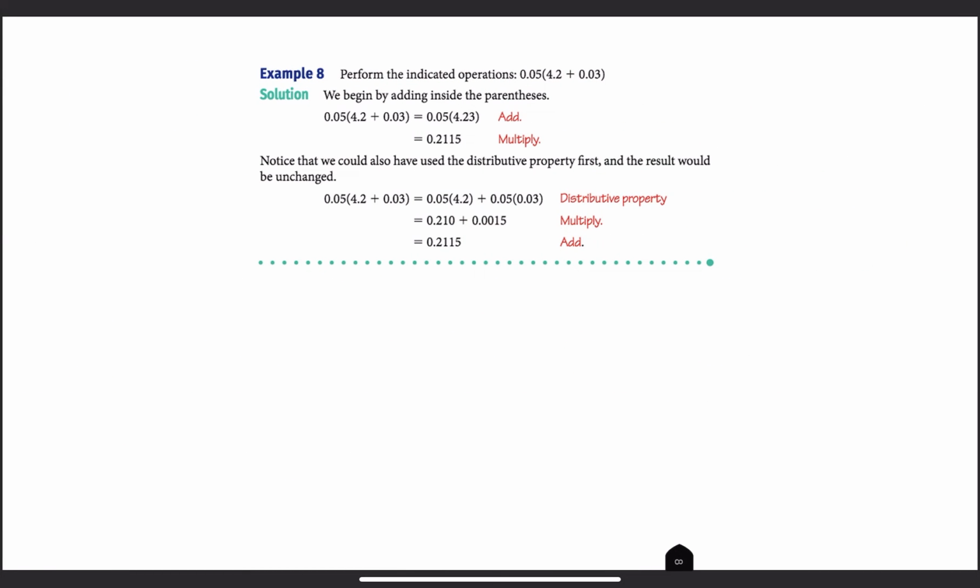All right. So now we can combine what we're doing with an extra step here. In this case, we're going to add inside the parentheses, because we want to do what's inside parentheses first.